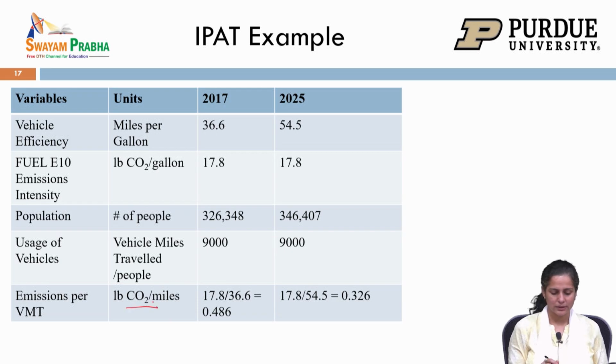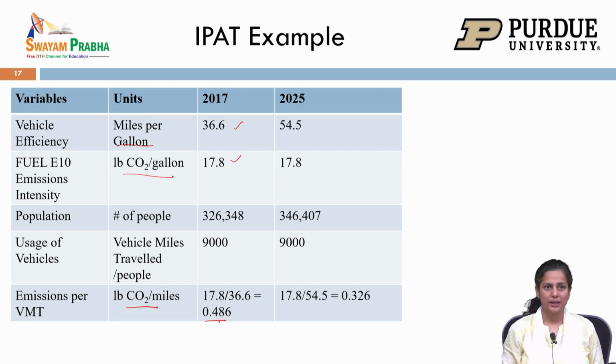LbCO2 per mile is calculated as LbCO2 per gallon divided by miles per gallon. So 17.8 divided by 36.6 gives us 0.486 LbCO2 per mile, and 17.8 divided by 54.5 gives us 0.326.